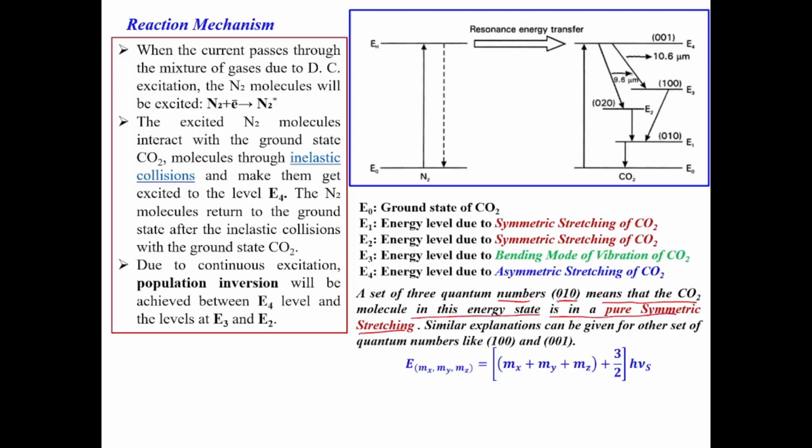So here 0, 1, 0, where is the 0, 1, 0? See, 0, 1, 0 represents the purely symmetric stretching. Similarly, an explanation can be given for other sets of quantum numbers like 1, 0, 0 and 0, 0, 1. So if somewhere it is written 0, 0, 1, that represents the asymmetric stretching of carbon dioxide.